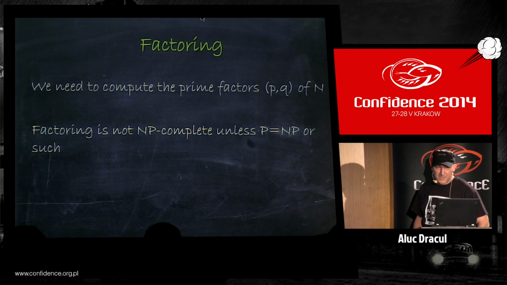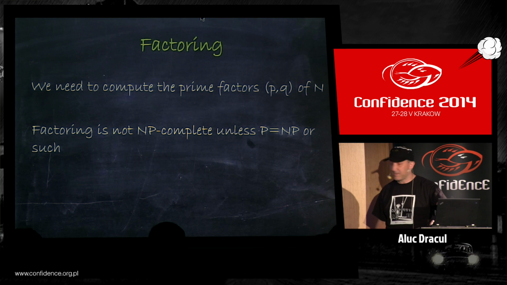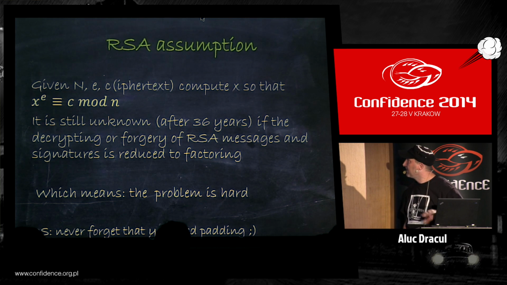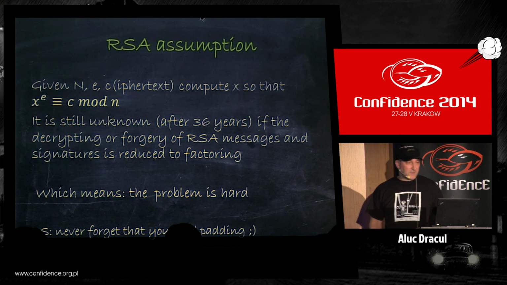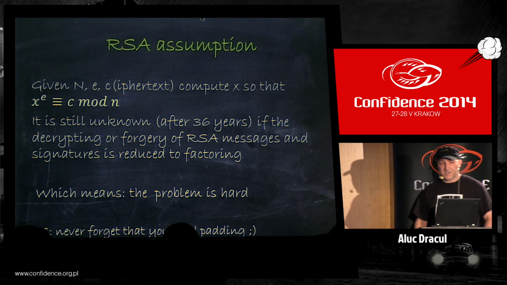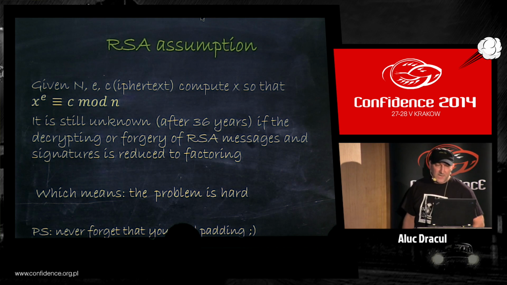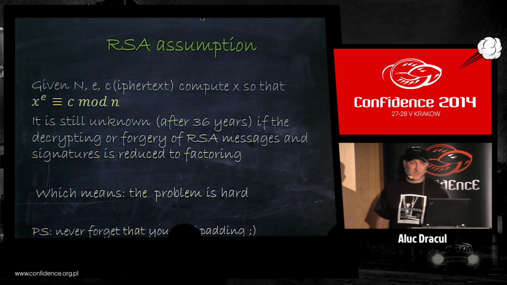Factoring is not NP-complete unless something surprising happens, the same as with the Diffie-Hellman scheme. The RSA assumption: given n, e, and c, where c is the ciphertext, we should compute x so that x to the power of e equals c mod n.